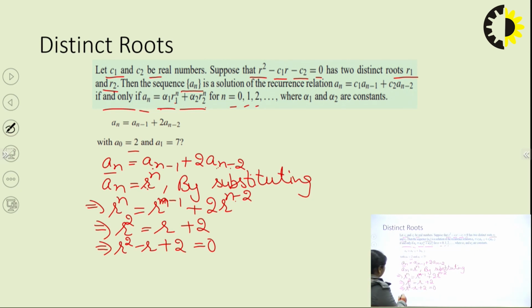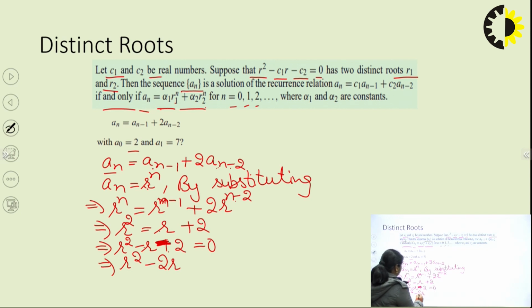So when I solve this particular equation, I will get r square minus 2r. This minus will become minus on this side when we bring it to the left, so it will be minus r minus 2 is equal to 0.